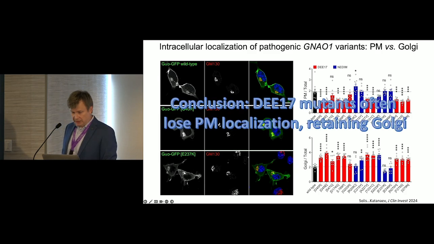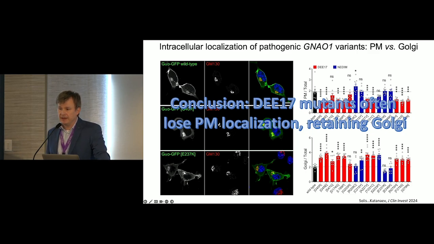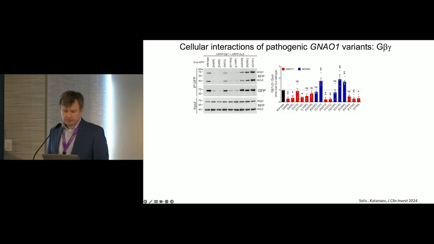And what appears is that the mutations which lead to epilepsy manifestations, with just one exception we have found so far, molecularly lose the plasma membrane localization, while those which lead to the Nedim phenotype retain the plasma membrane localization, and both retain the Golgi localization.